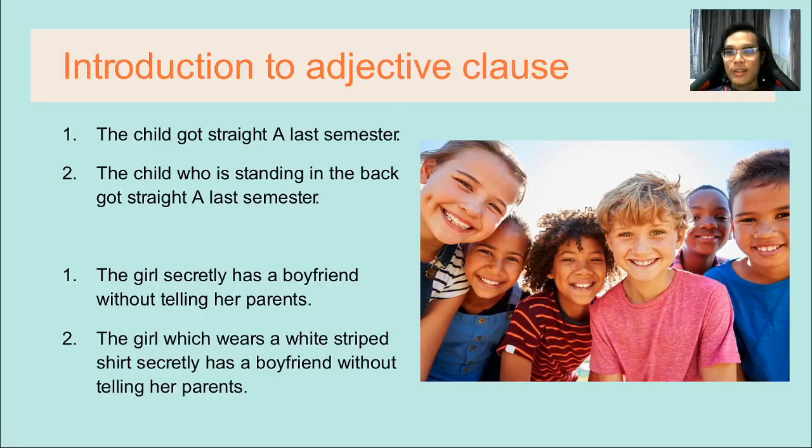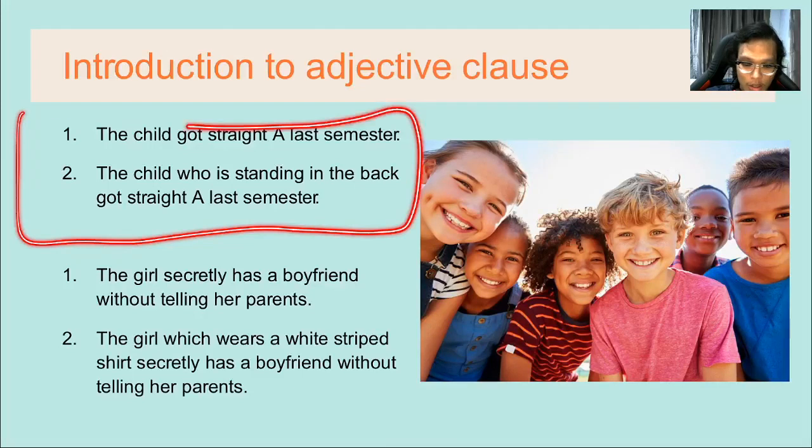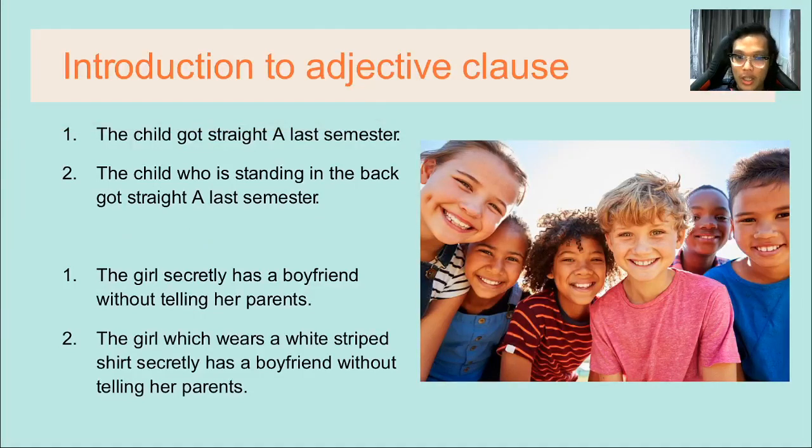For example, if we assume that adjective is level 1, then adjective clause is like level 2 of the things that we use to describe nouns. Okay, so now we're going to start from the first 2 sentences. First we're going to look at these 2, and then we're going to move to the lower one. But for now, I want you to look at the pictures. How many kids are in the picture?